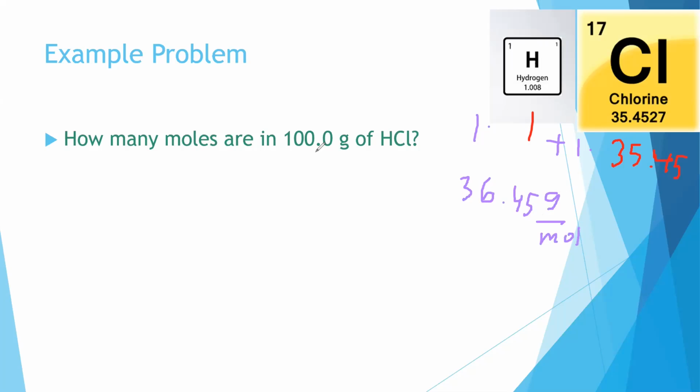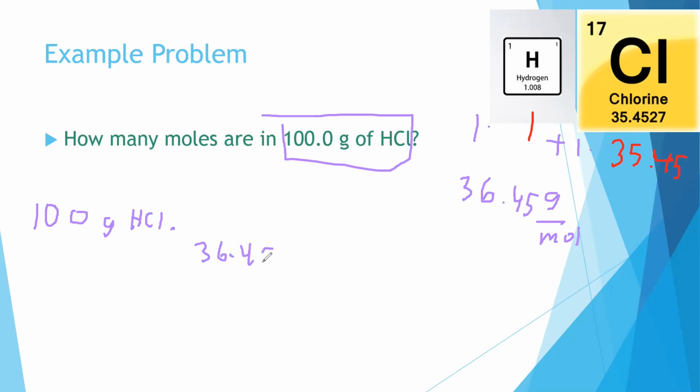And always, if we want to convert grams to moles, we start off with what we have, which is 100 grams. And then we want the grams to be on the bottom, so it cancels out. And we multiply it by our molar mass, grams per mole. And remember, the units of molar masses is grams per mole.